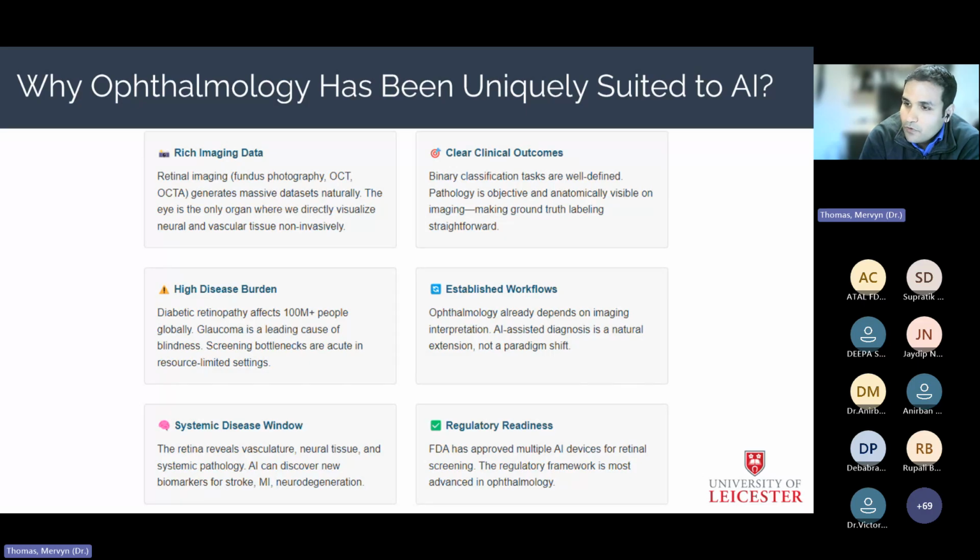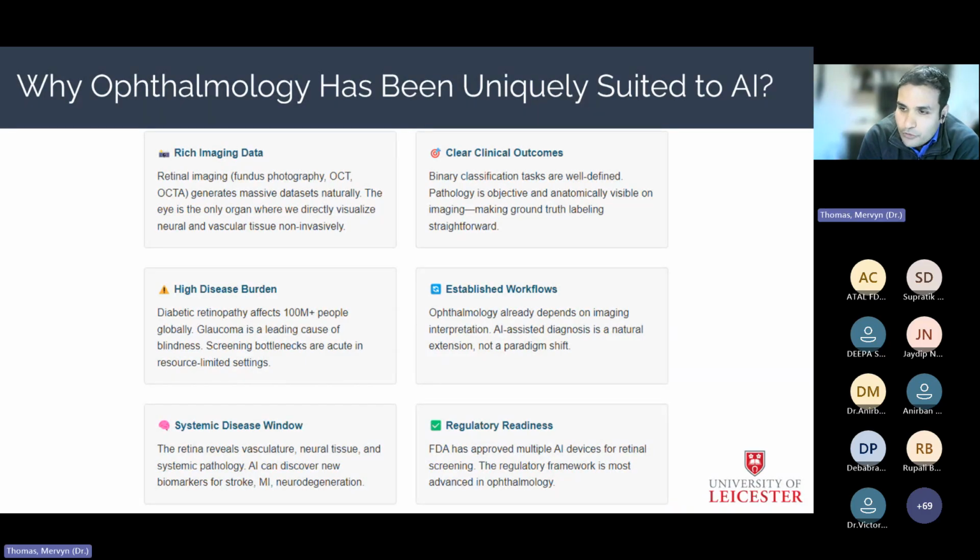So imagine the volume of data we are generating. Second is we have very clear clinical outcomes, right? Diabetic retinopathy, it either exists or it doesn't. So this means that binary classification tasks are very well defined. The pathology is also very objective and anatomically visible on imaging, thus making ground truth labeling quite straightforward.